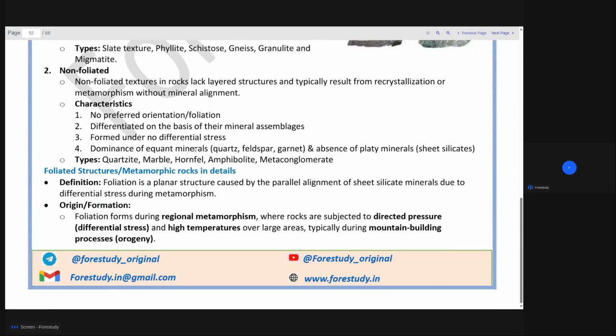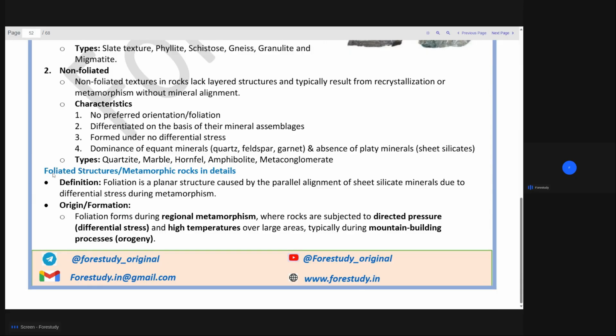The dominant equant minerals are quartz, feldspar, and garnet. These are equant minerals, and they form a granulitic texture and non-foliated rocks, with an absence of platy minerals. Quartzite, marble, hornfels, amphibolite, and metaconglomerate are all non-foliated rocks.